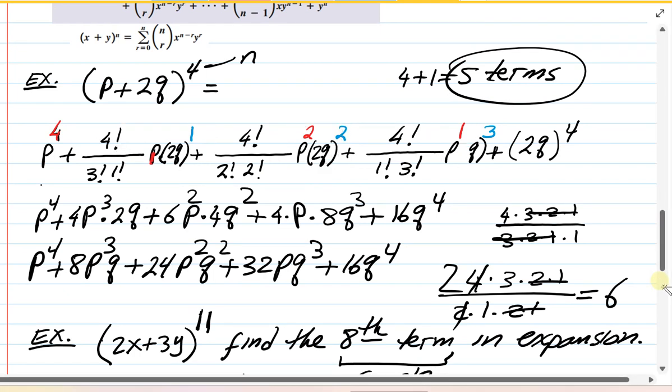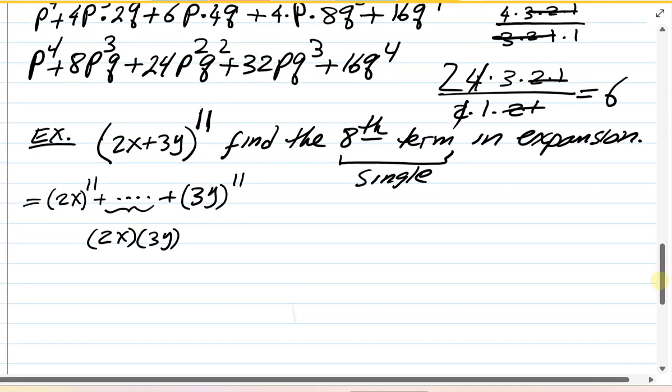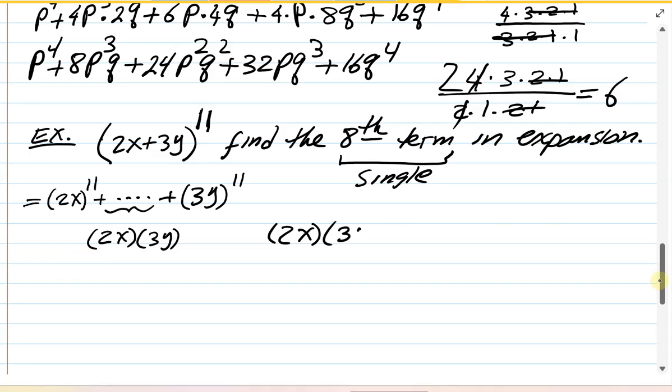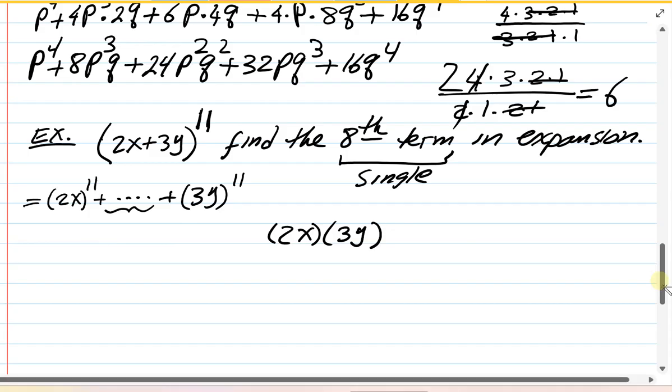In the 8th term, I'm definitely going to have 2x and 3y. Those will be side by side because my 8th term is not the first term and it is not the last term.